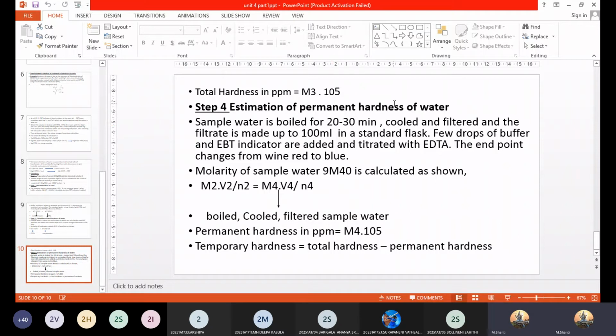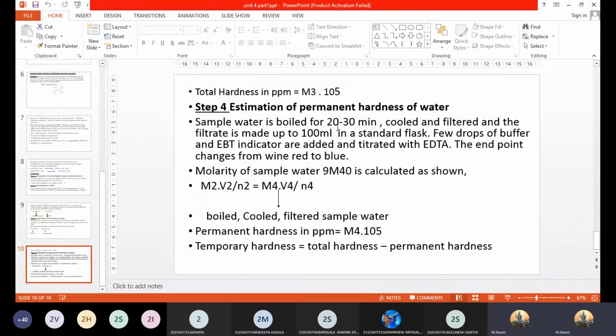Calcium bicarbonate forms calcium carbonate along with carbon dioxide, and magnesium bicarbonate gets precipitated as magnesium hydroxide, along with water and carbon dioxide. That means when you boil, only the temporary hardness causing salts will be precipitated, but not the permanent hardness causing salts. Please remember that point.